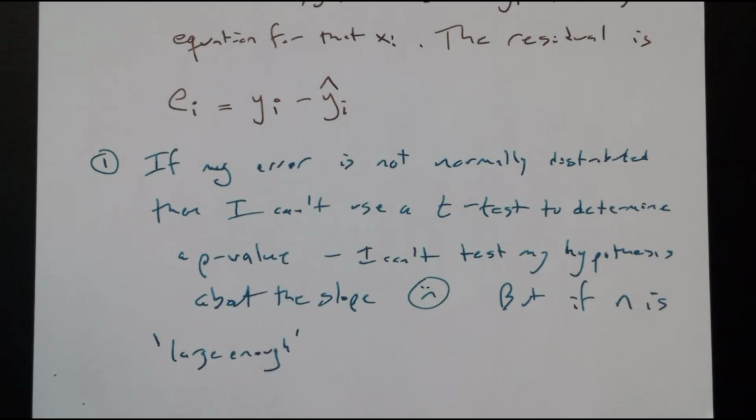This is actually something different. I need to make sure that my sample is big. So I use little n, not capital. Capital N is for my population. So how do I know my sample is big enough? We actually had a threshold for this.